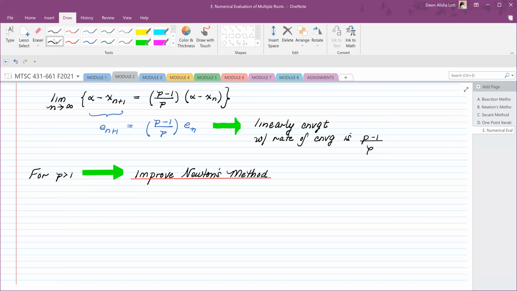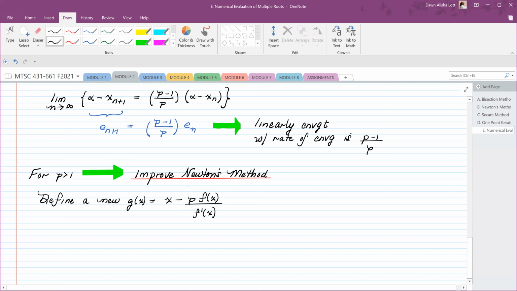Okay. So we're going to define a new g of x. And this thing is going to equal x minus p times f of x all over f prime of x.